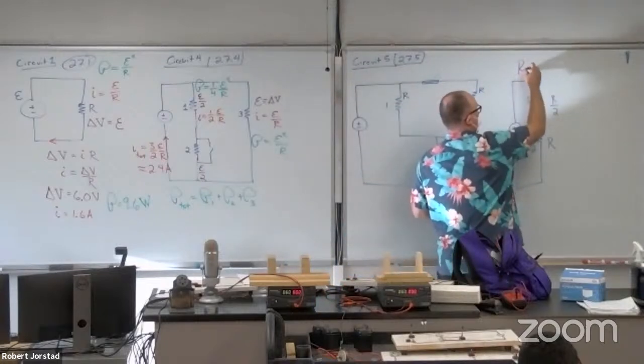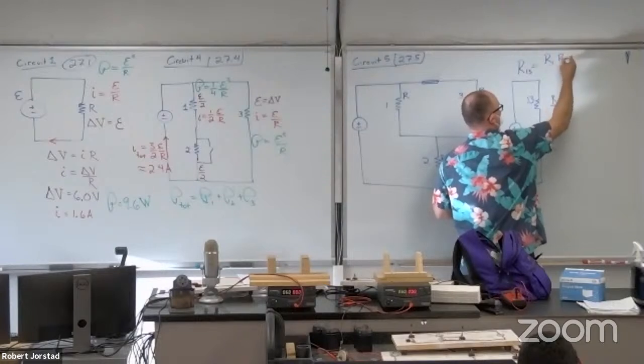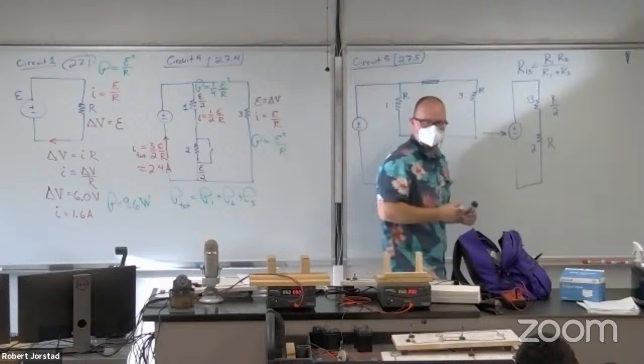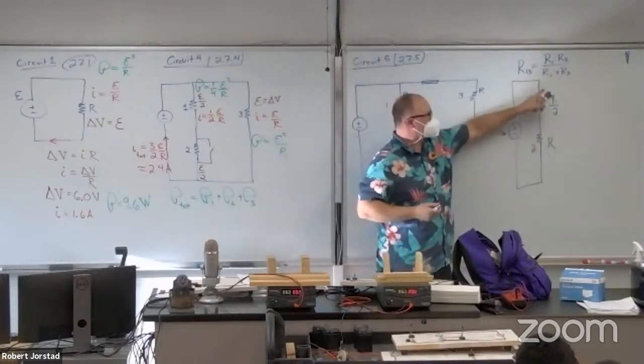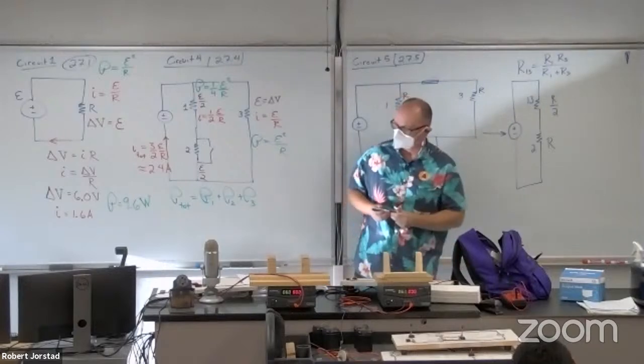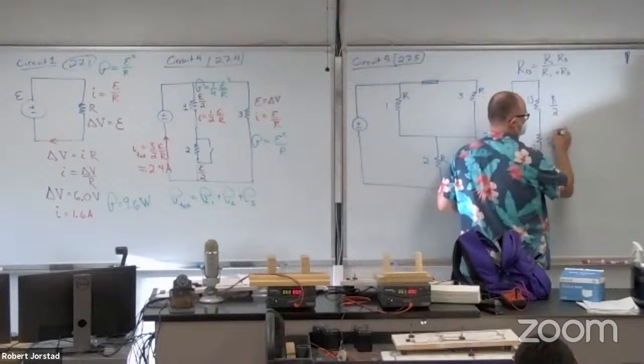It says R13, if you're doing parallel, is R1 times R3 over R1 plus R3. Do you remember that rule? If you didn't see this, you could just use this formula and get it done. I'm cool with that. What's the total resistance overall?